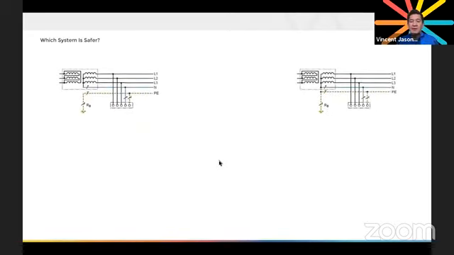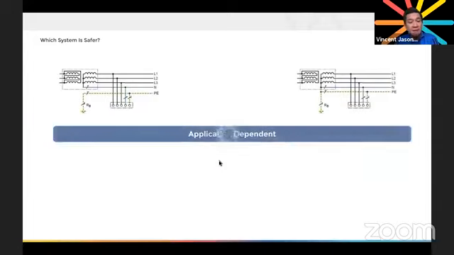Now, it begs the question, which system is going to be safer? The most common answer that I get is usually, it has to be the grounded system. And the answer is application dependent. Depends on where you're going to be using it. Let's say for a grounded system, you had expensive equipment with very low people interface.